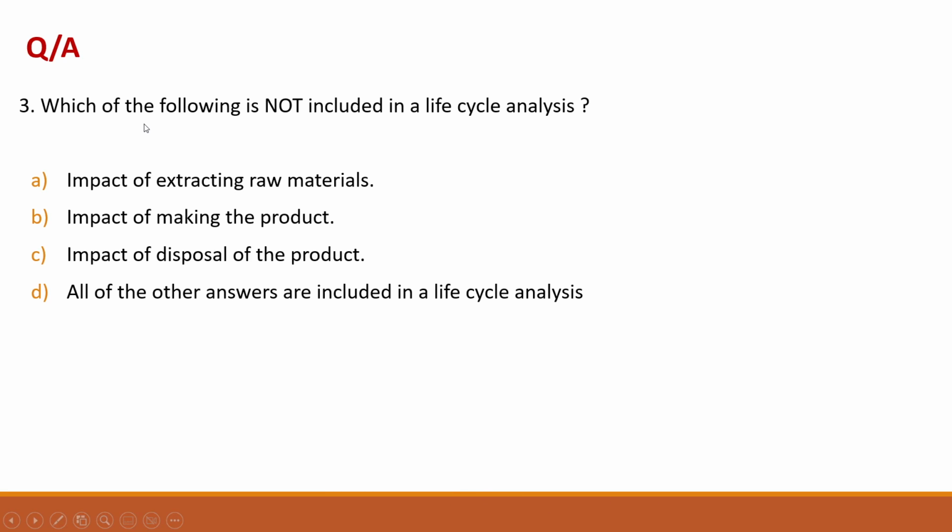Okay, then the third question: which of the following is not included in an LCA? Impact of extracting raw material, impact of making the product, impact of disposal, or all the answers are included.